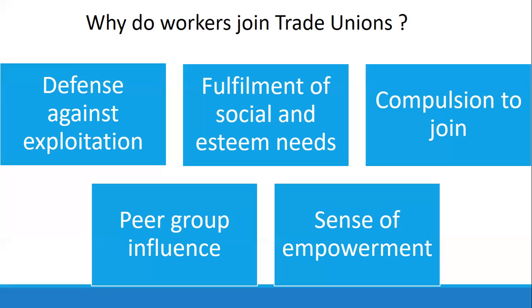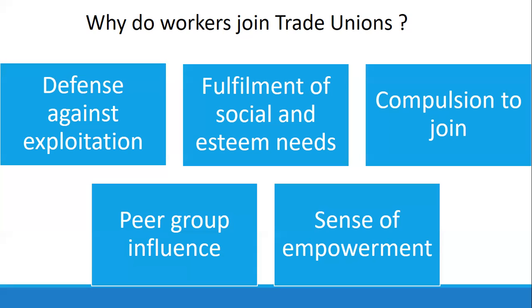The next reason why people join trade unions is sense of empowerment. When employees join trade unions, they feel that they are empowered with something.